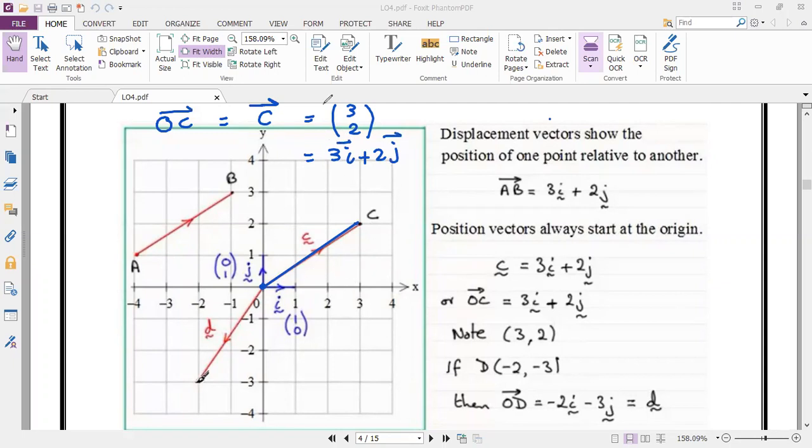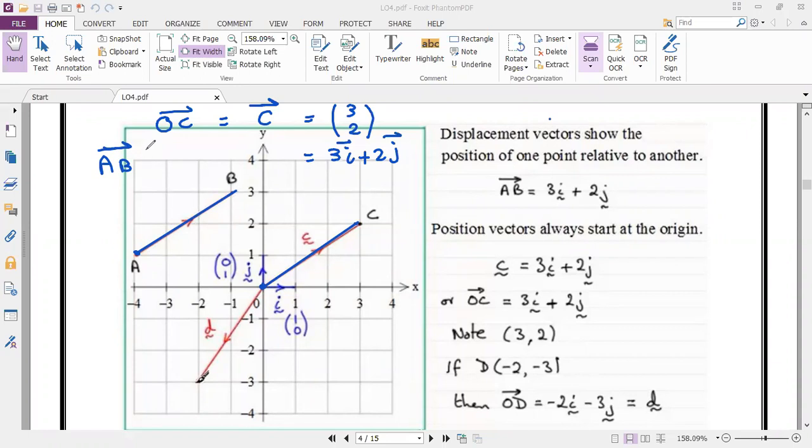And if we compare the vector C to the vector AB, you will find that they are the same. Why is that? Because the vector AB, okay, if we move from A to B, we move how many units? We move 3 units in the positive sense here on the x-axis, and we move up 2 units.